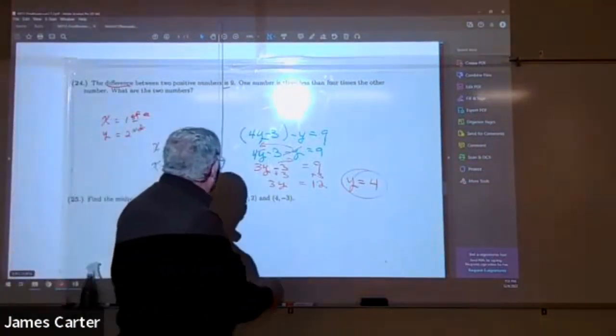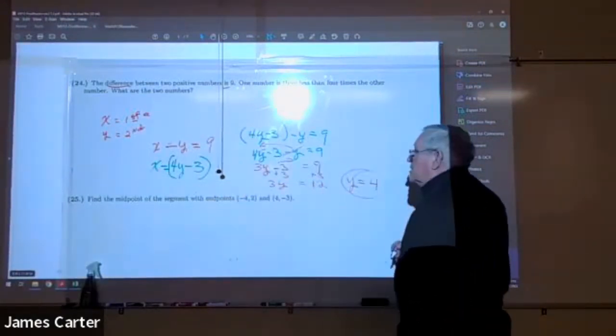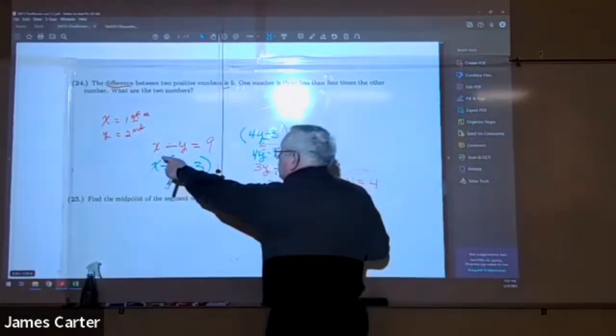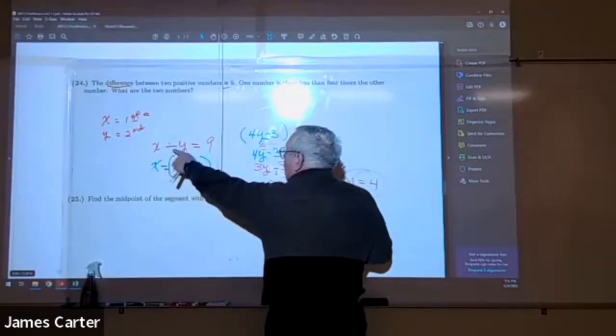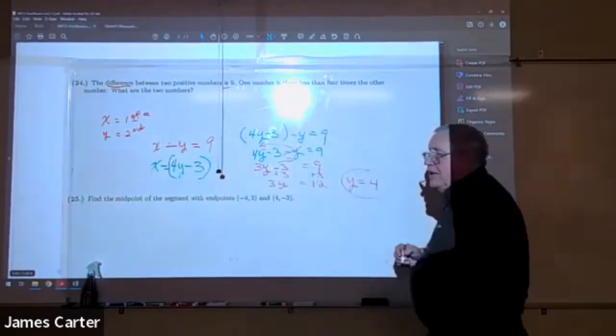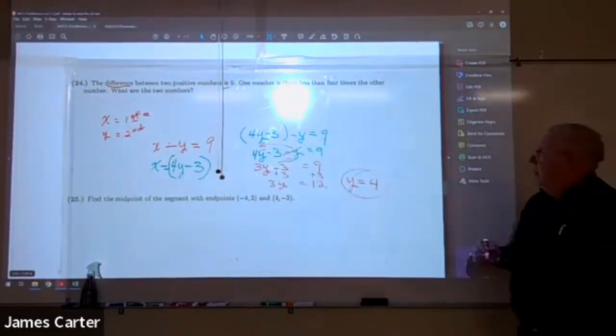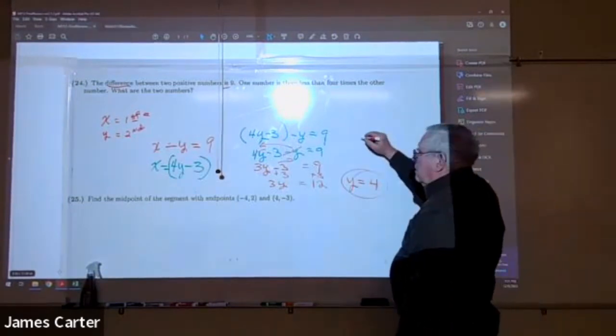Second part of this is I've got to find out what x is. Well, I can use this one right here, or I can use that one. They're both about equally easy. I'll go ahead and use the second one.